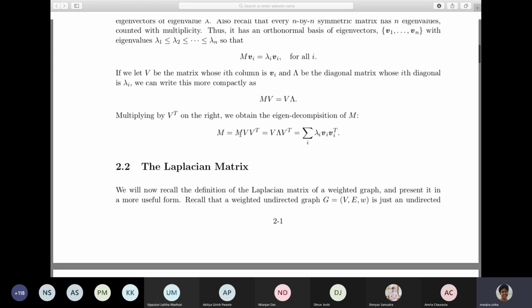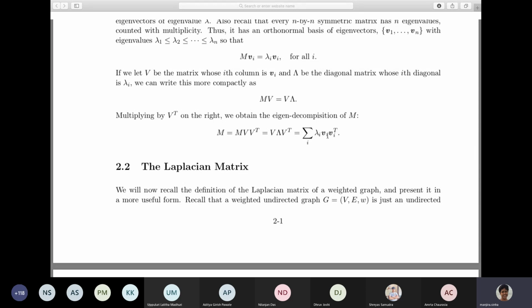So M equals V lambda V transpose, and we can write this as the summation of all the lambda i times vi times vi transpose.